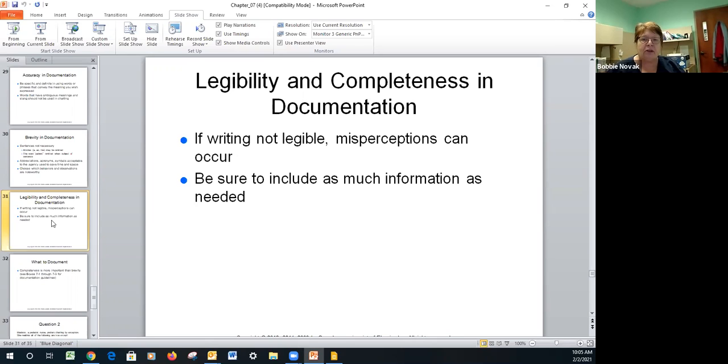This is where we need to learn our nursing words, our nursing vocabulary, because if we're using nursing vocabulary, everybody in healthcare knows what that means. So we should be using our nursing vocabulary. And be sure you include as much information as needed to convey what's going on with your patient.